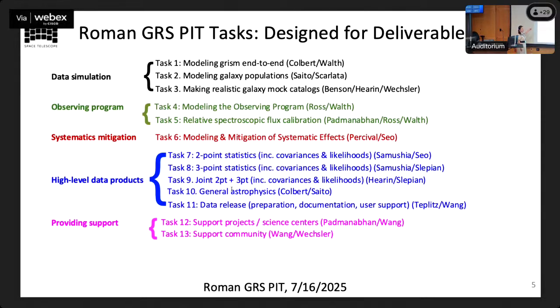Then, very importantly, we are committed to delivering high-level data products to the SOC. You can see the range. These cover the usual bread and butter things in cosmology for those of you who are cosmologists: two-point statistics, three-point statistics, maybe even four-point, we'll see.